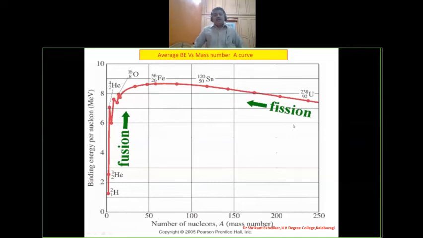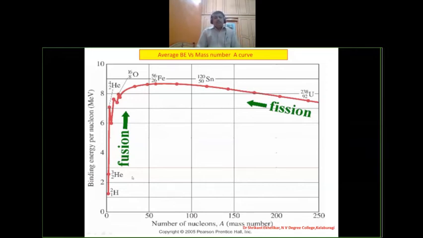For example, 92U238, when it is hit by a fast moving neutron, is split into barium and krypton, releasing 200 MeV of energy, with 2 neutrons released. This is the fission process for heavy nuclei and the fusion process for light nuclei.